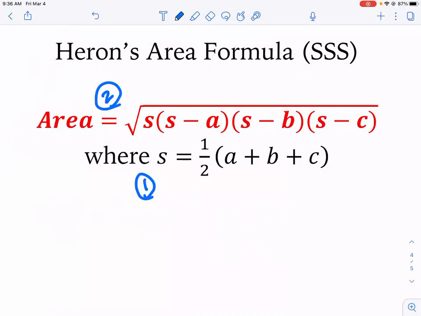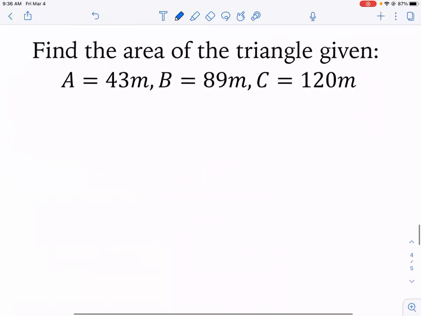All right, let's find the area of this triangle right here.